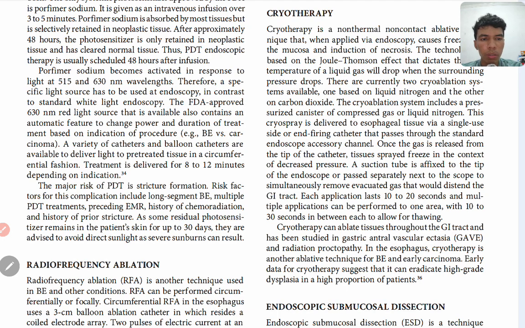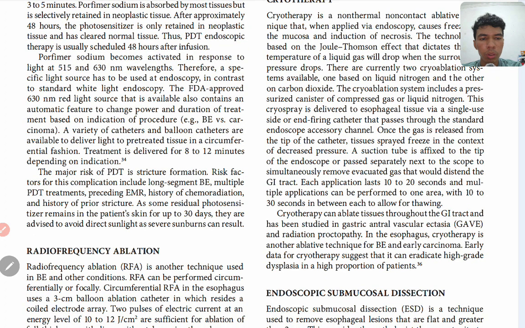A suction tube is affixed to the tip of the endoscope or passed separately next to the endoscope to simultaneously remove evacuated gas that would distend the GI tract. Each application lasts 10 to 12 seconds, and multiple applications can be performed to one area with 10 to 30 seconds in between each to allow for thawing.